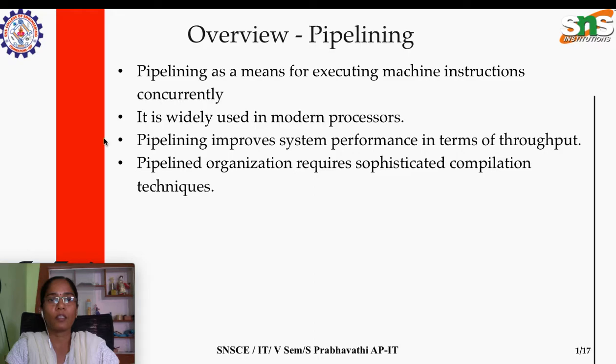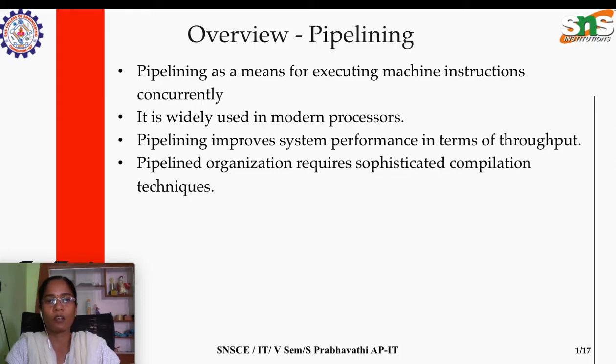It is used in almost all modern processors, and pipelining improves system performance in terms of throughput. Throughput is the number of instructions executed per clock cycle. So how many instructions are we able to execute in a given clock cycle? In pipelining, we are not concentrating on speeding up a single instruction's execution.